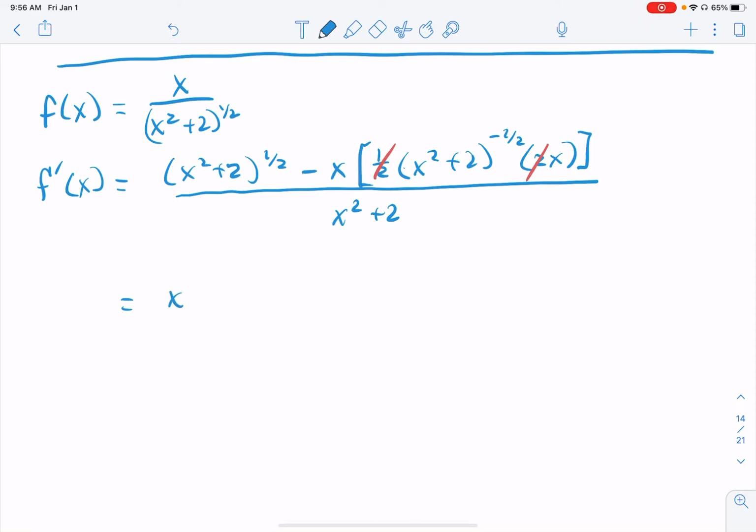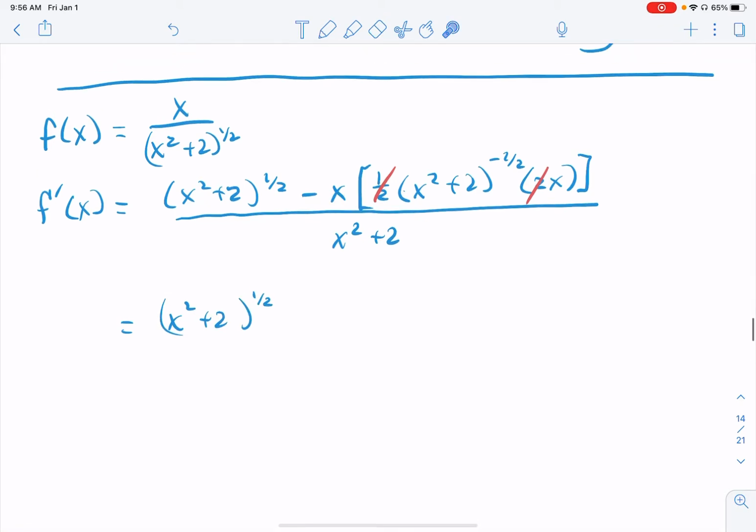So x squared plus 2 to the positive 1/2, this x and this x will multiply together to give us a negative x squared plus 2 to the negative 1/2 power, and then bring that denominator down.